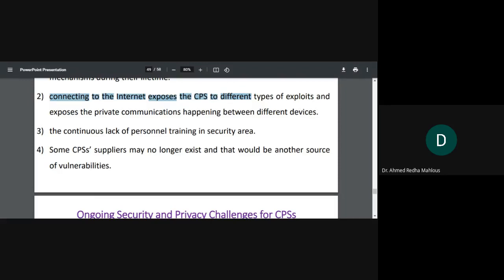There are many attackers as well, and attackers might exploit the private communication between those CPS, intervene with that communication and steal the private data.